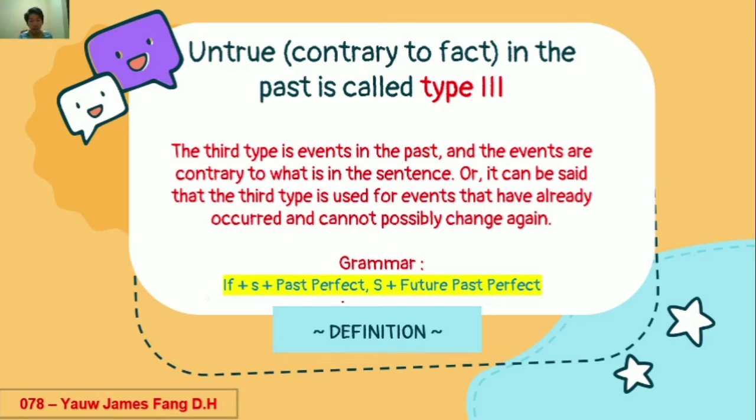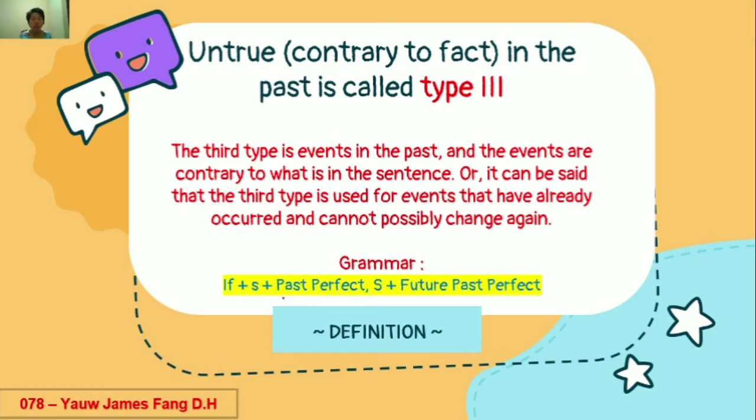On the left side, if plus subject plus past perfect is called the if clause, and on the right side, subject plus future past perfect is called the main clause. In the if clause, there is if and past perfect.